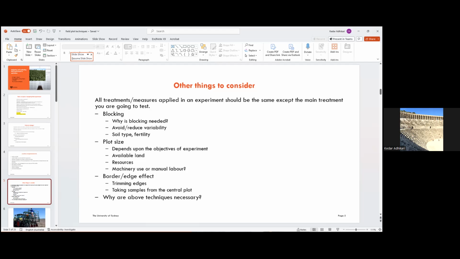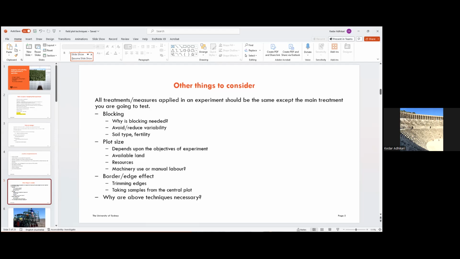All right. Well, I have an answer here already anyway. Blocking doesn't always avoid, but sometimes it can avoid, and it reduces variability. For example, if there are soil type variabilities in the field, sometimes you have a bit of difference in soil types, some a little bit sandy, some a little bit clay.